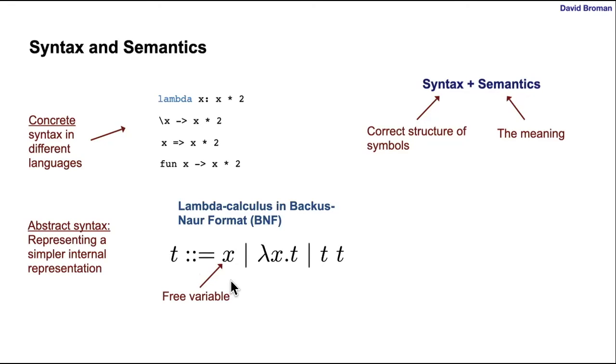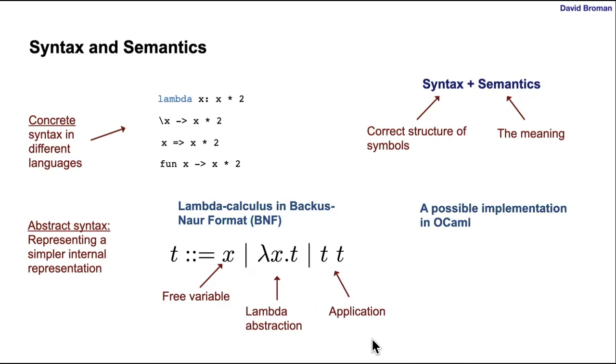And that is either a variable, like x here, or we have a lambda abstraction where x is bound inside t here by this lambda. Or we have an application, or a function application, where we apply this term, when it's been evaluated to a value, to this term, which should be then a lambda. And this is basically the whole syntax of the lambda calculus.